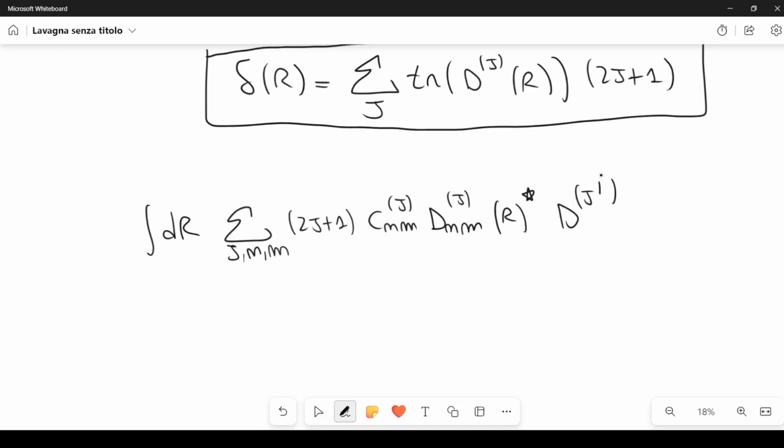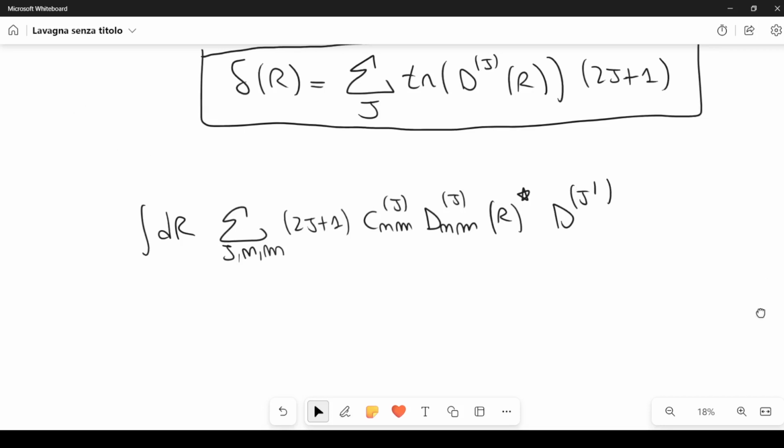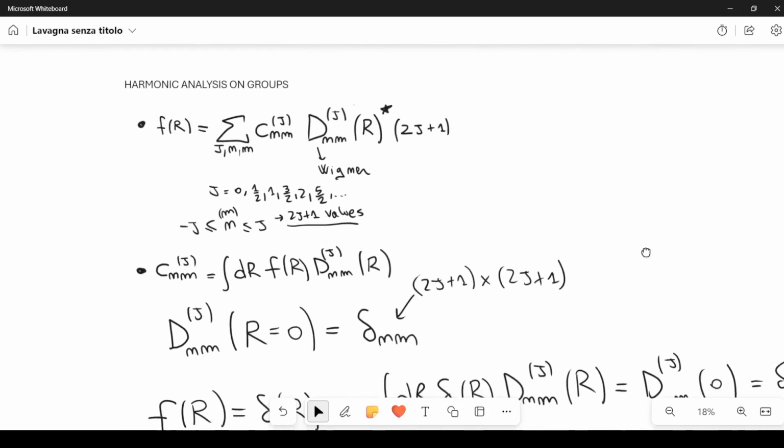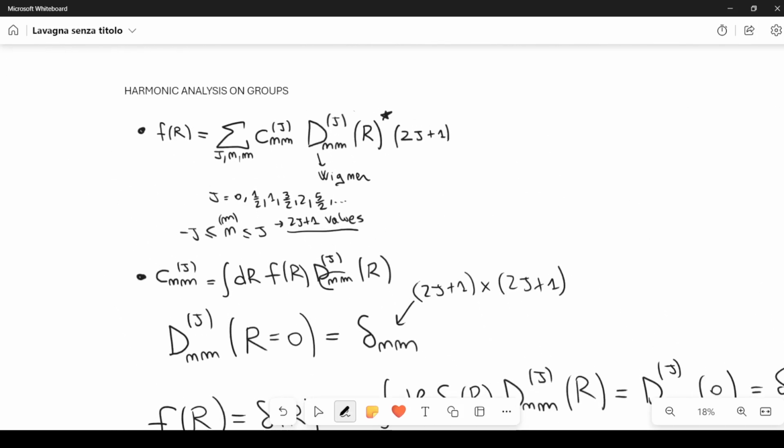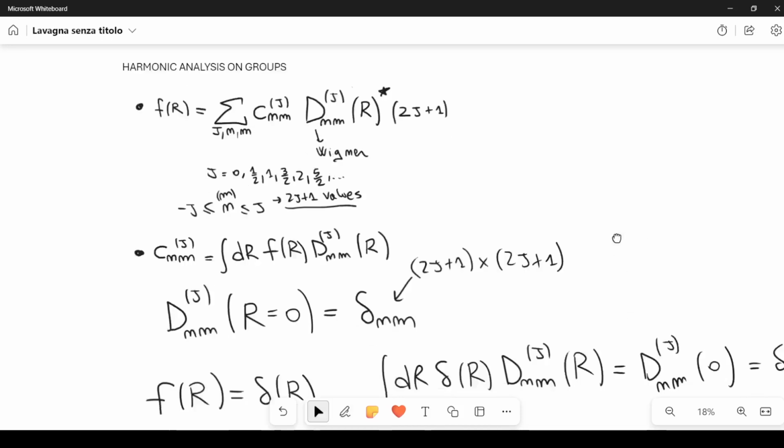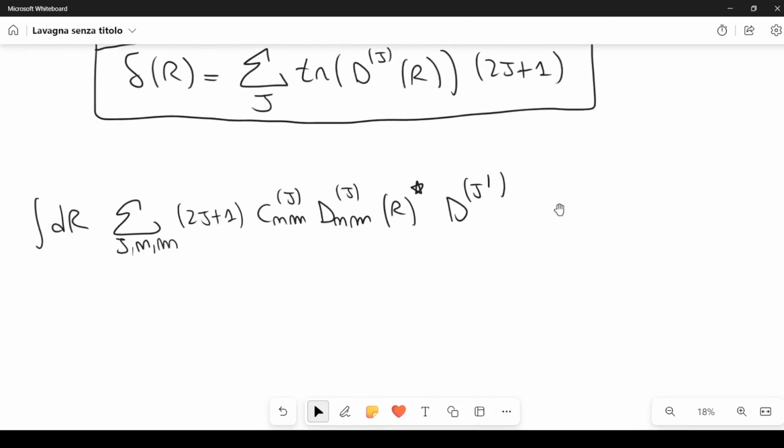Let me change the indices here, because here I'm summing over j, over n and over m, so I have to change the indices that appear in this formula, n, m, and j, because these n, m, and j are different in general from these n, m, and j, because these are dummy indices. We are summing over them, so we have to differentiate the indices there.